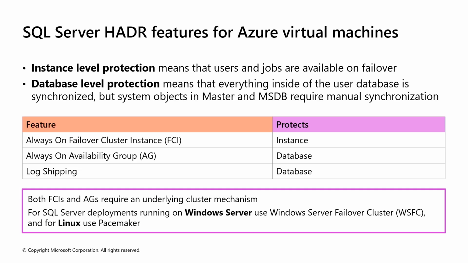Use cases include, for FCIs, mission-critical systems requiring full instance recovery, and for AGs, applications needing high availability across regions with minimal data loss.